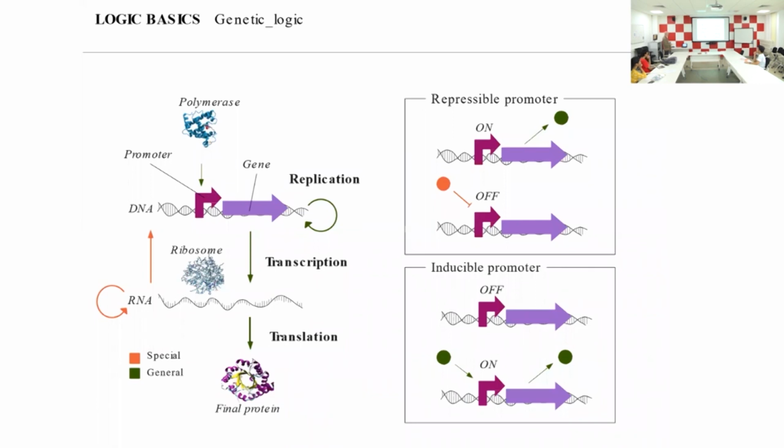In other cases, you have just the contrary. The promoter by default is off, but then through transcriptional factors and inducers, you can turn it on. Okay. So with these simple Lego parts, the idea is to construct complexity, logic, and computation.